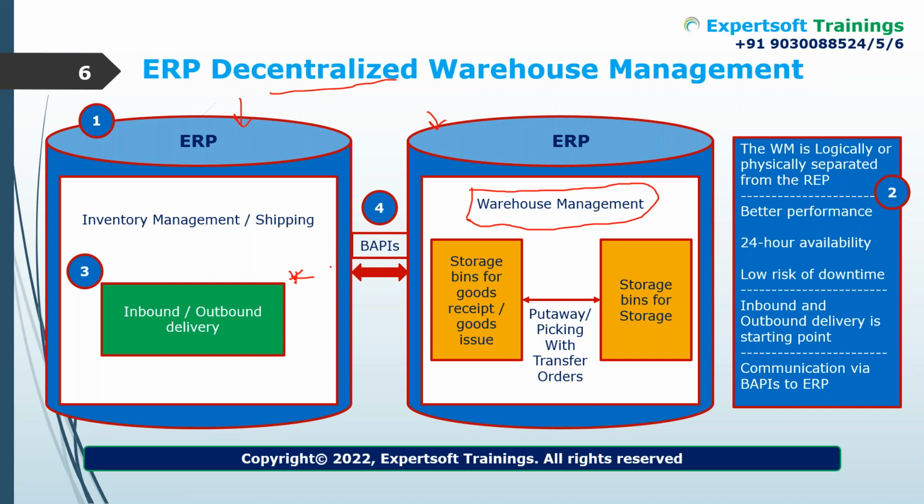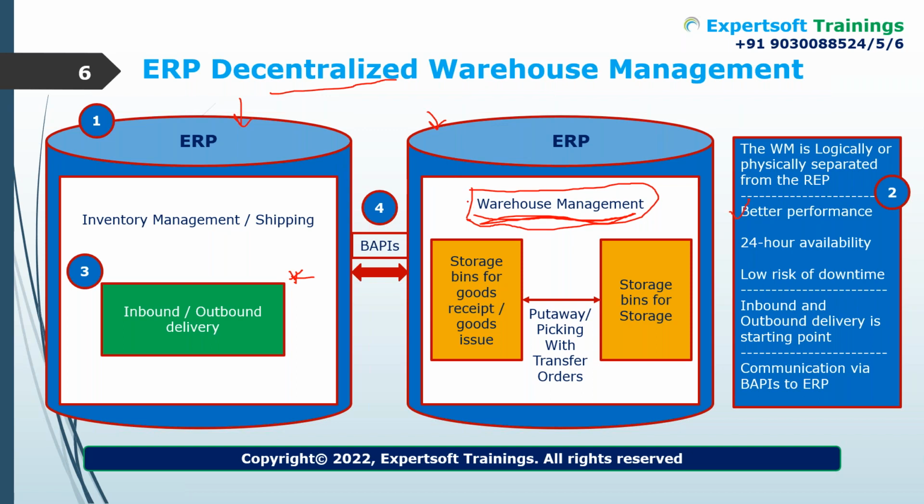Now what is the requirement to keep warehouse management on a separate server? The first point is better performance. If your warehouse runs 24 by 7, with all activities happening in warehouse management, and this module is in your mainframe ERP system, then performance will be impacted.